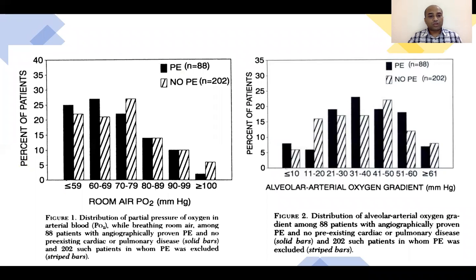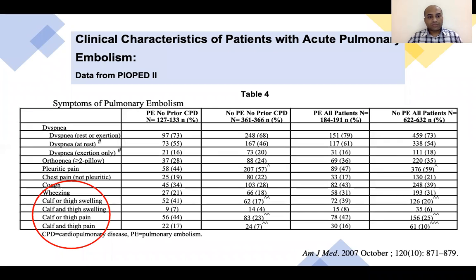Even if we go deeper and look at the type of hypoxia, like shunting causing an increased alveolar-arterial oxygen gradient, it also does not contribute much. But if we look for the symptoms of DVT like calf and thigh swelling and calf and thigh pain, it may be much more helpful to at least raise the concern of PE.